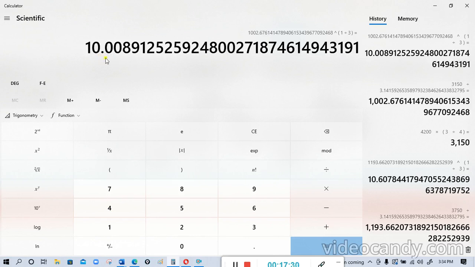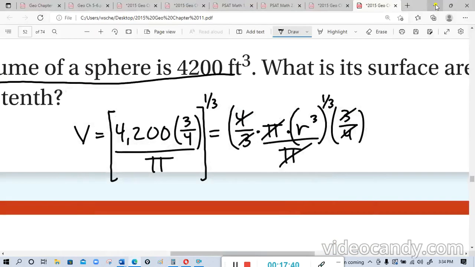I'm just going to use 10.01. The most accurate is if you store this radius, but I'm not going to do that. 10.01 is my radius. So this mess worked out to 10.01 for the radius r.